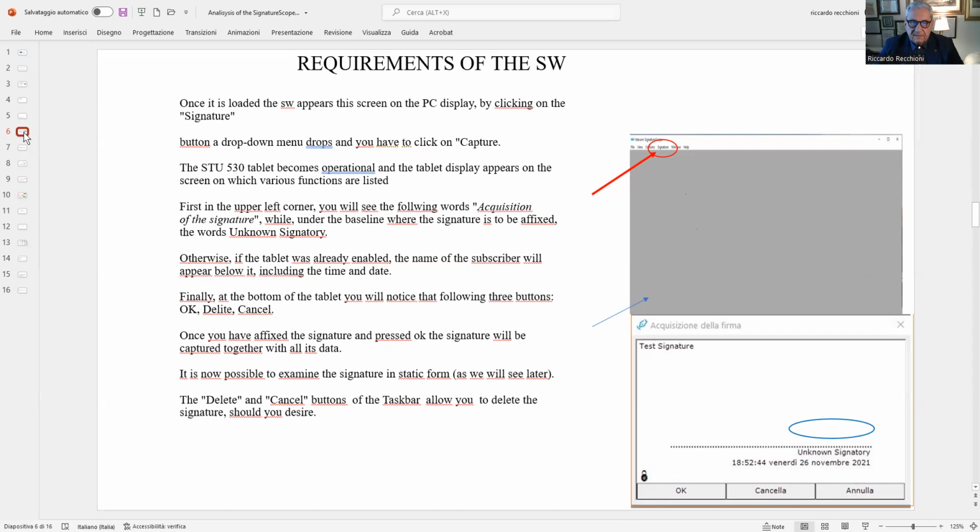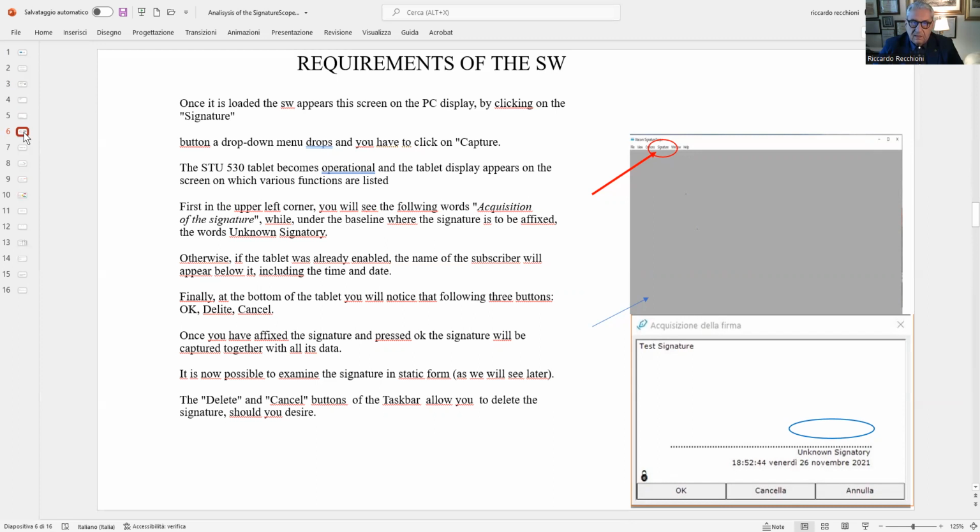Otherwise, if the tablet was already enabled with a name, the name of the subscriber will appear below it, including the time and date. Finally, at the bottom of the tablet, you will notice the following three buttons: OK, Delete, Cancel.